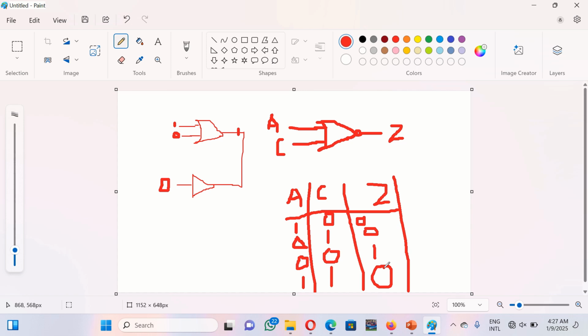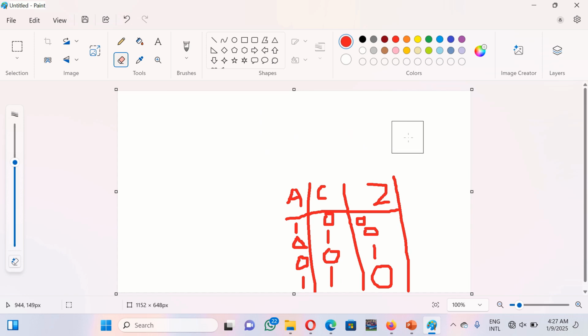So there are situations where several gates can be fused together, which we call a combinational gate. Okay, so I'll take you through a few examples and then we end the lesson on this topic.